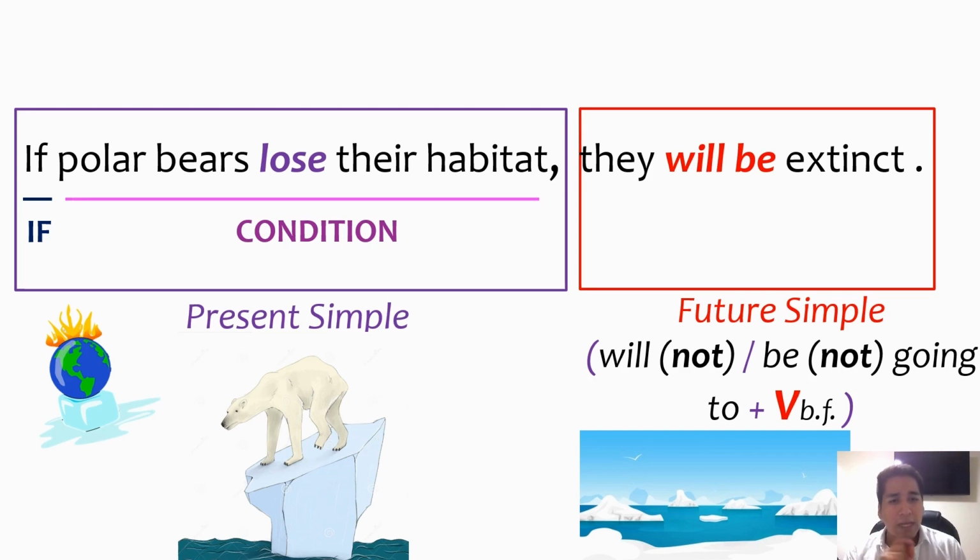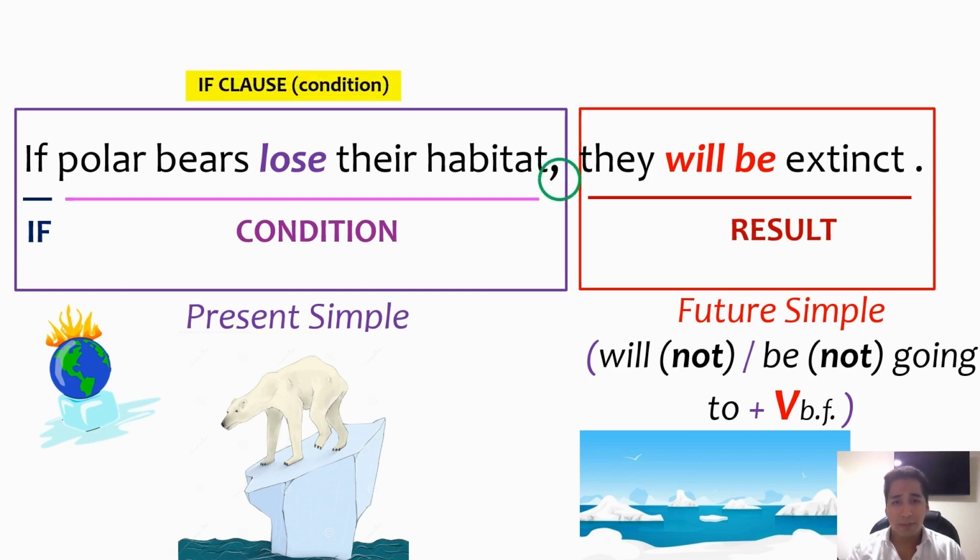Okay, here in this future simple clause, what we have, guys, is the result. Okay, so take a look. We have here, in other words, the if clause, which is the condition where we utilize the present simple, and then we have the other clause, which is called the main clause, in other words, the result, where we use the future simple.